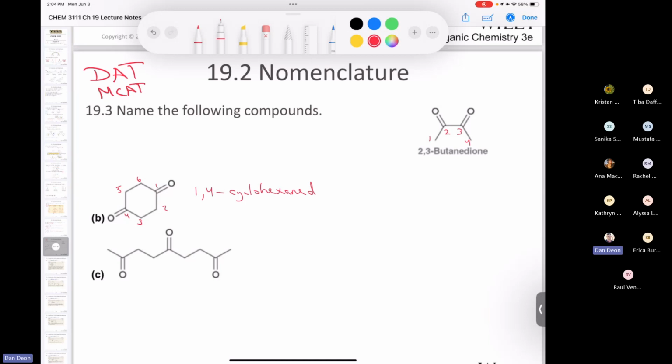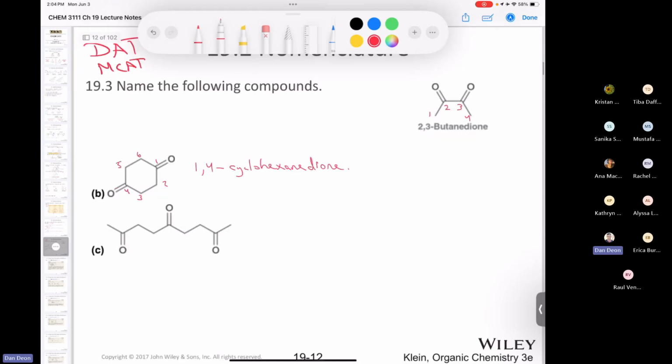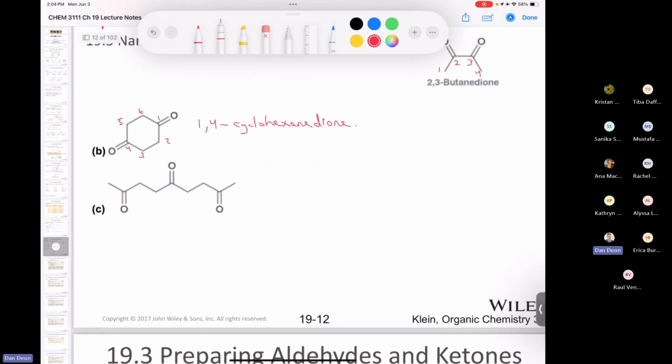Or sorry, 1,4-cyclohexanedione. And then for the last one, the one on the bottom, you'd say 1, 2, 3, 4, 5, 6, 7, 8, 9. So this is a 2,5,8-nonanetrione is how you would name that.